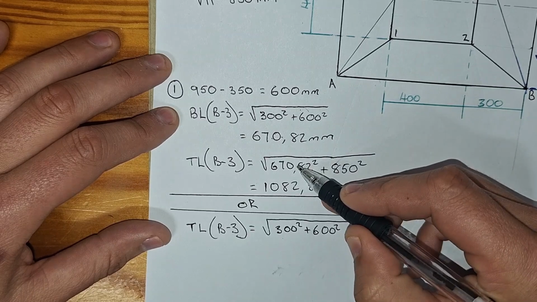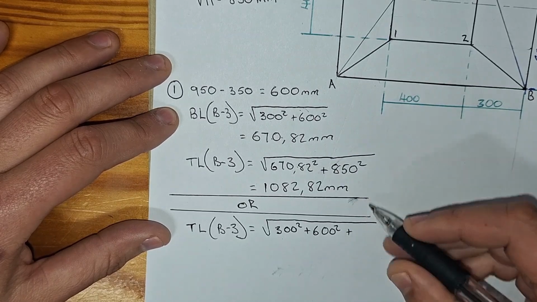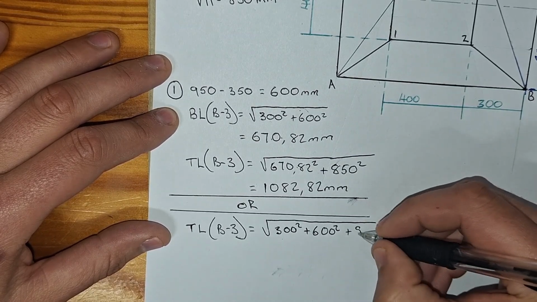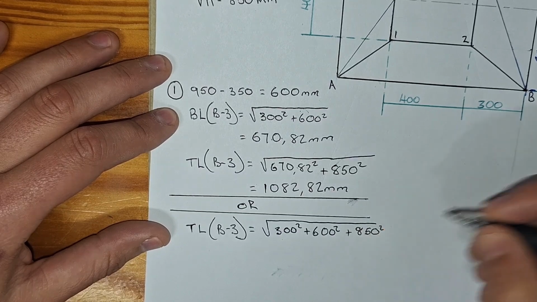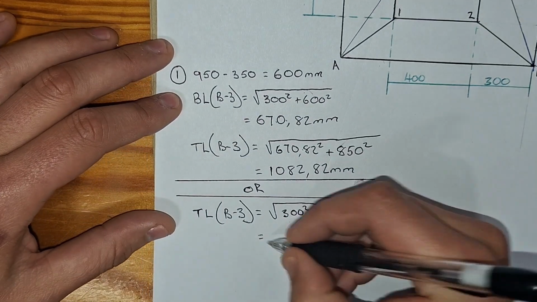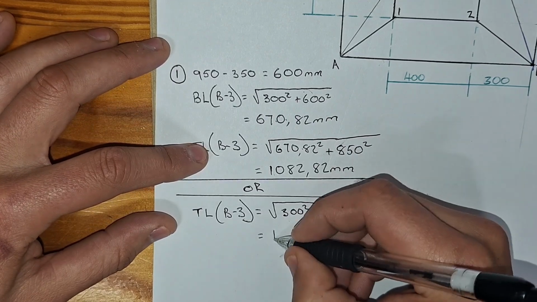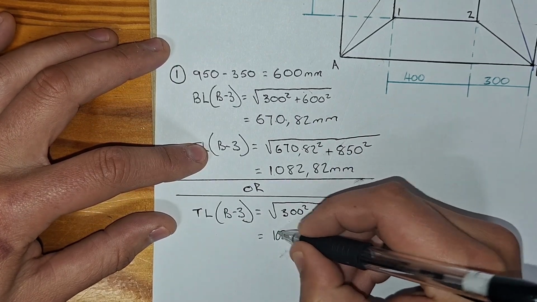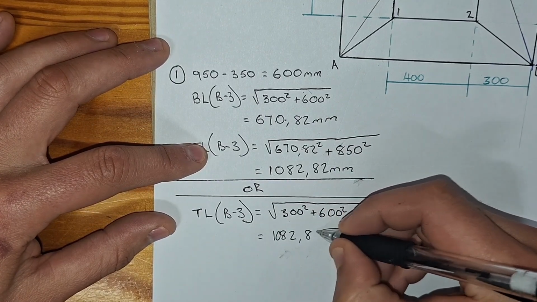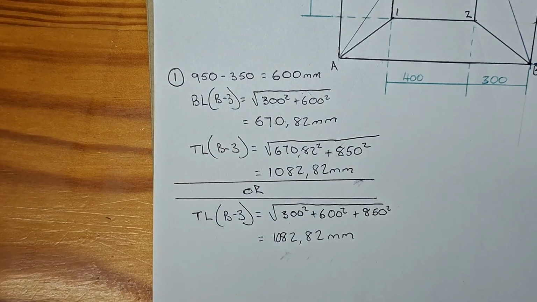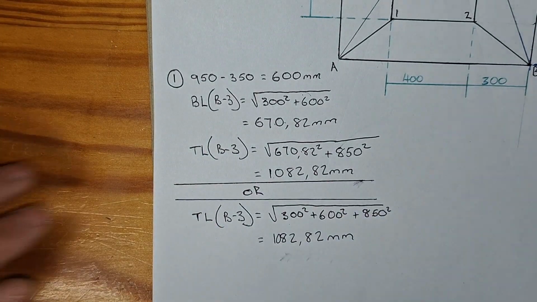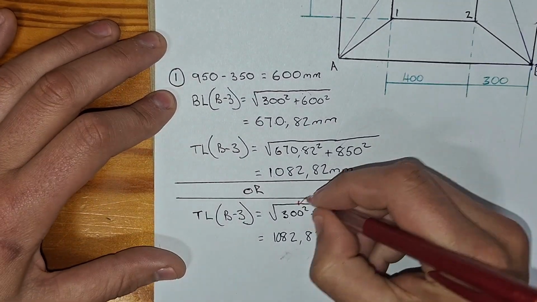We put the base length in proportion with the vertical height. So this 850 is written down as a third value under the square root sign, which will give us the same value, 1082.82 millimeters.